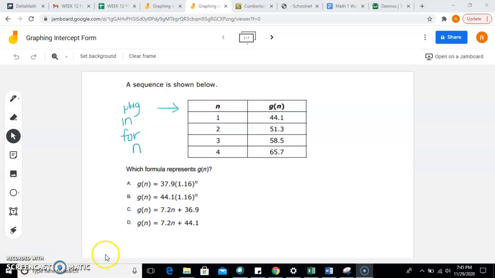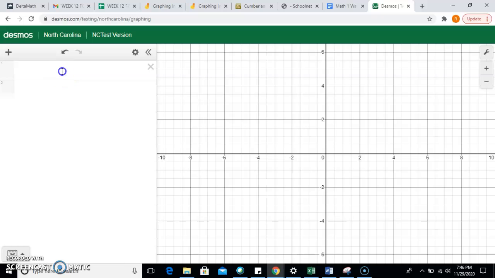And when we do that, we can just use our Desmos. So when I do answer choice A, I'm going to plug in a 1. And when I plug that in, it needs to give me an answer of 44.1. So if I come over here to Desmos, I'm going to type in 37.9 parentheses 1.16 and then raise that to the first power.